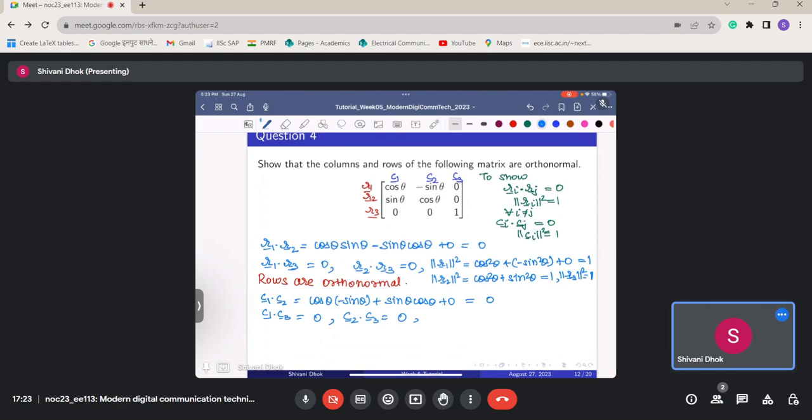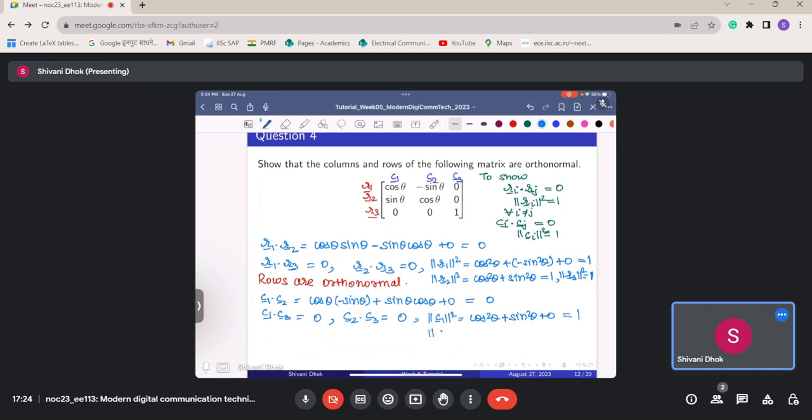Again, since all the dot products are 0, we are assured that this particular set, C1, C2, C3, is a set of orthogonal vectors. Now let us consider the norms. Norm of C1 squared is cos square theta plus sine square theta plus 0, which is equal to 1.